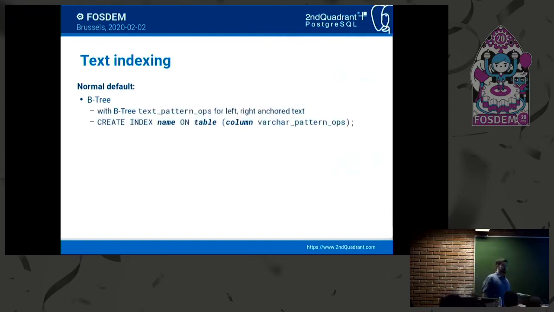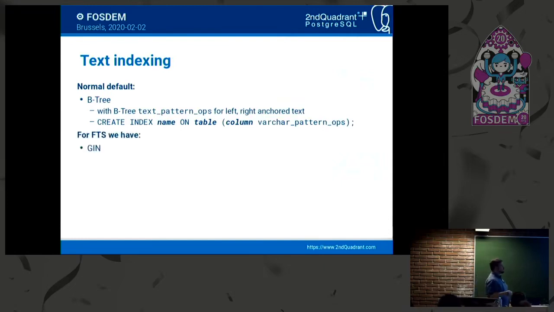You can use it for a limited sort of text matching and searching if you create the index specifying varchar pattern ops, then you can match left anchored text, or if you reverse the string in the index expression, then you can search from the end of the string forwards. It is going to be less useful than full text search, but it is one way of doing it.